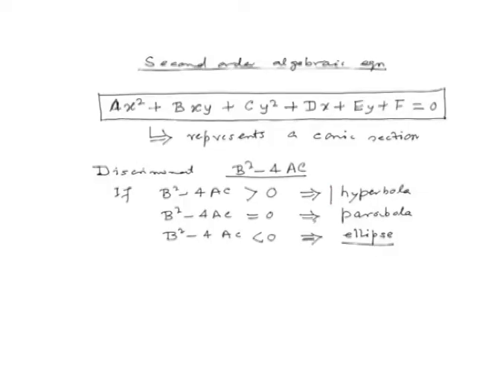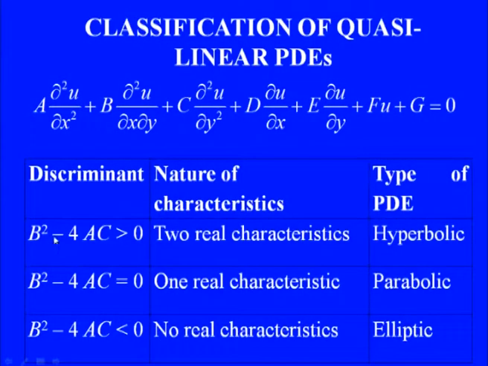So our classification for PDE, the nomenclature which we use, follows the nomenclature used in geometry for classification of hyperbola, parabola and ellipse. Let us have a look at discriminant b square minus 4ac. Now, if it is greater than 0, we have got two real characteristics. The characteristics are the space curves along which information would propagate.